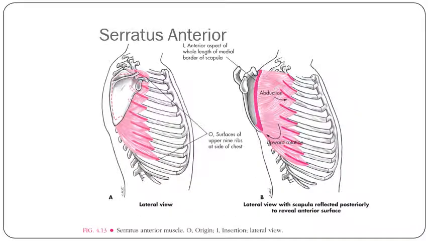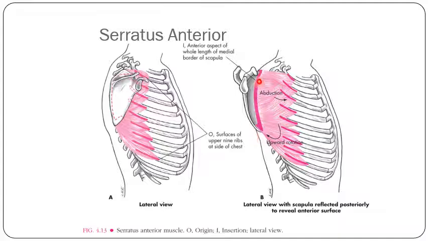Here you have the serratus anterior. Okay, so you can see a lateral view of the serratus anterior. Now this one could be a little tricky to look at the origin insertion. So the origin is the surface of the upper 9 ribs at the side of the chest. So you see the origin is all located along the ribs. The insertion is the anterior aspect of the whole length of the medial border of the scapula.